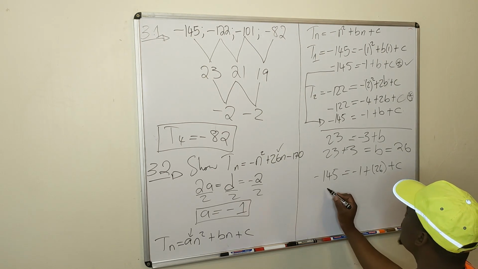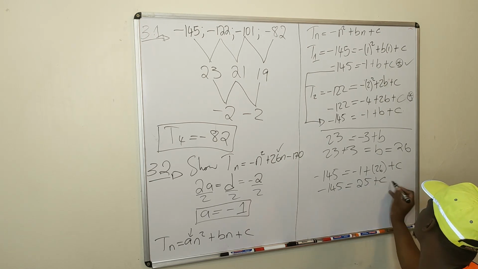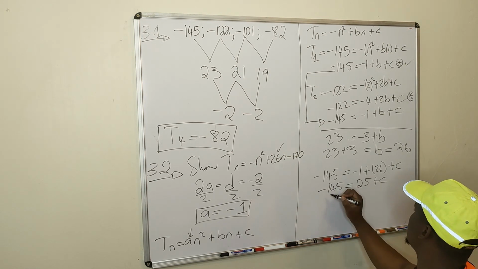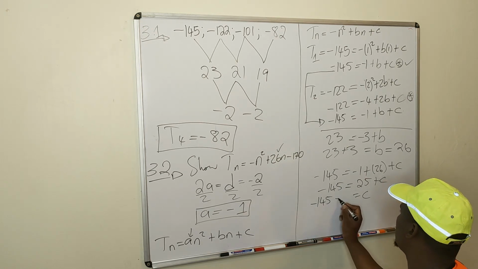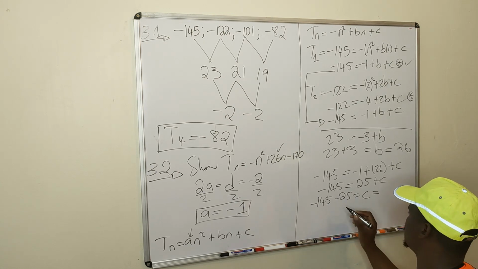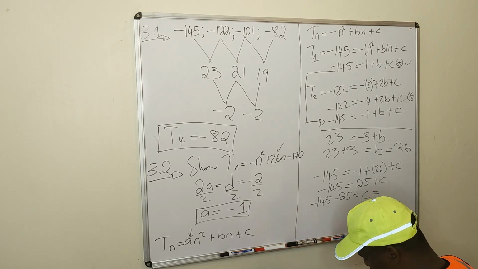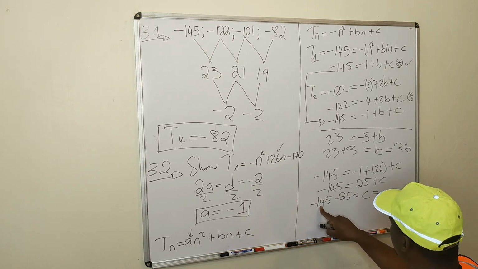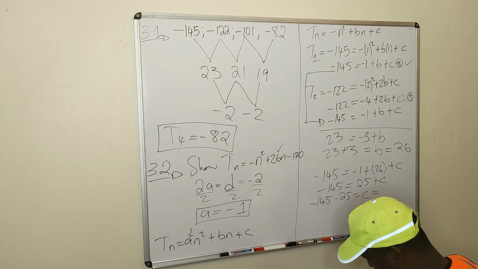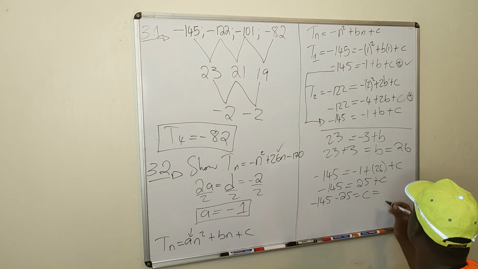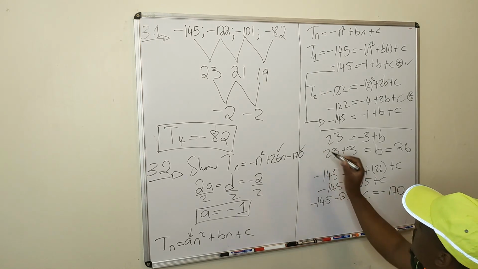To simplify, minus 145 is equal to 25 plus c. Then you transpose this to the other side. c is equal to minus 145 minus 25. So c is minus 170, which is this one here.